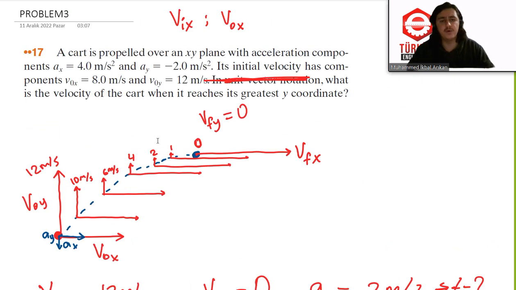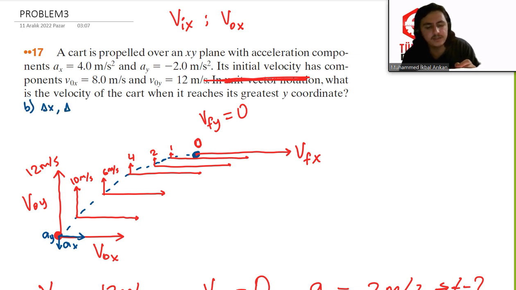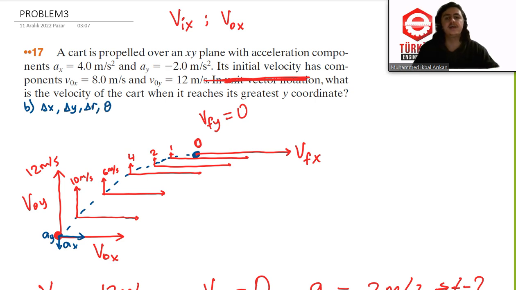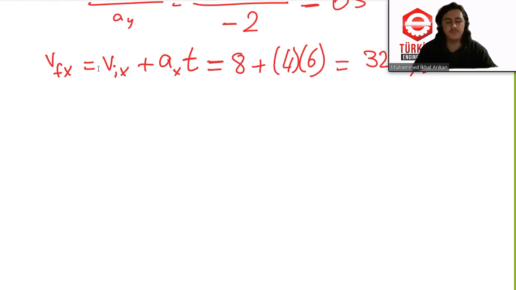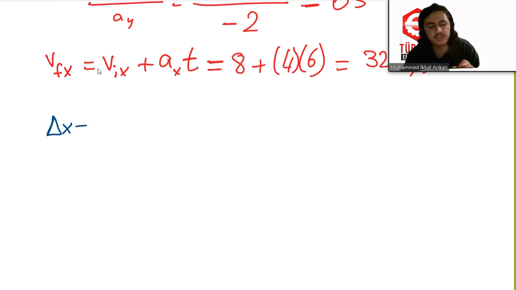I will add a new part: find the displacements. In part B, what is delta x, what is delta y, what is delta r, and what is the angle for displacement. So I will put simple equations. Delta x will be equal to v initial x multiplied by time plus 1 over 2 acceleration in x times time squared.